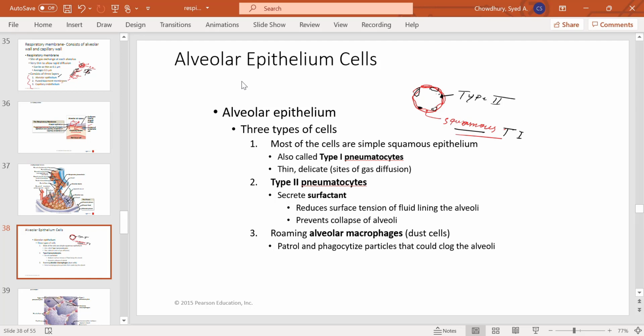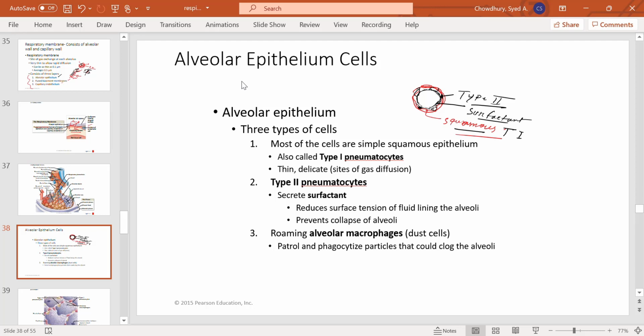Remember that surfactant secreting cells are very important because they secrete a fluid that is called the surfactant, and that actually lines the inner surface of the alveolus and helps to keep the alveolus open, prevents collapse of the alveolus. So surfactant is a very important fluid, and that is secreted from the surfactant secreting cells or type 2 cells, and surfactant keeps the alveolus open.